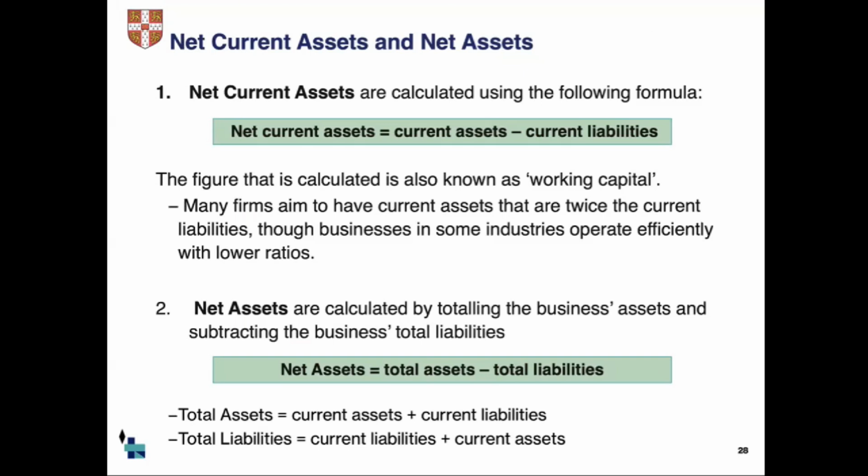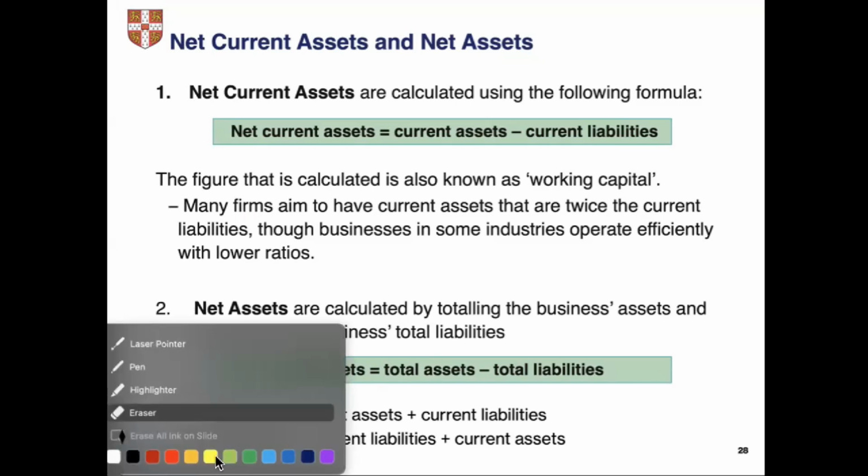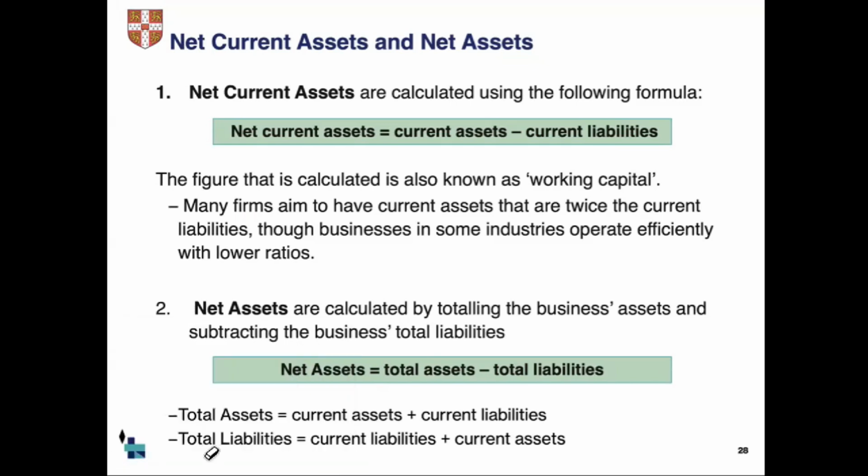So let's look at what we mean by net current assets. We are actually familiar with this terminology. We looked at this when we were looking at the AS syllabus. We discussed working capital in our AS syllabus when we were looking at accounting and finance.